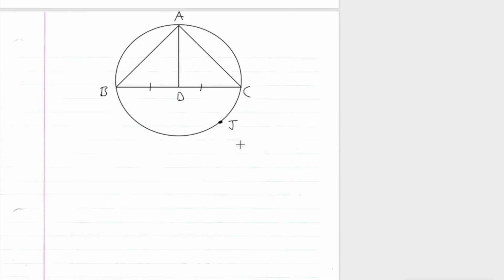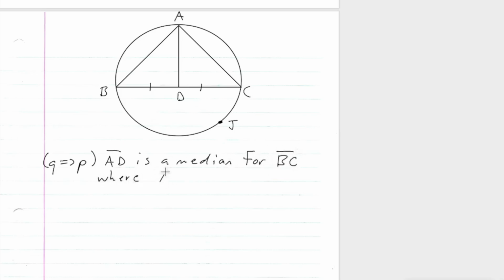So let's go ahead and go the other way now. So now we're going to do Q implies P. In this case, we know that AD is a median for the segment BC, where AD is equal to half of BC.